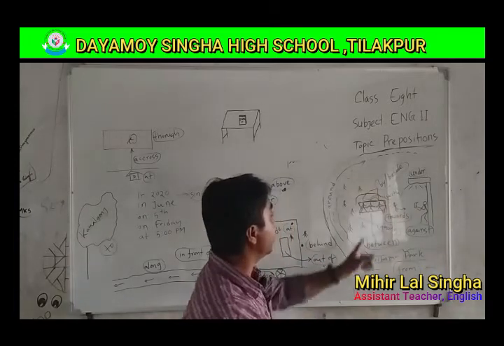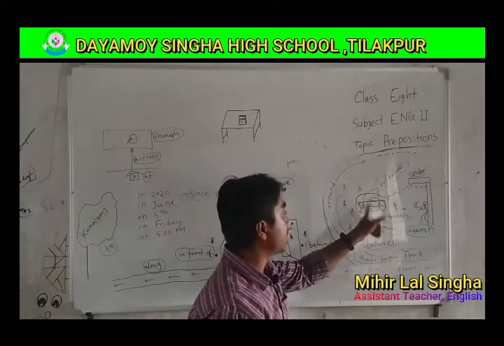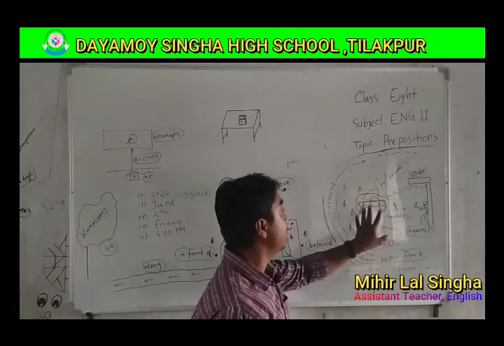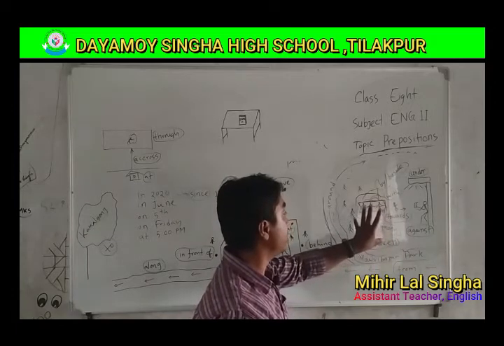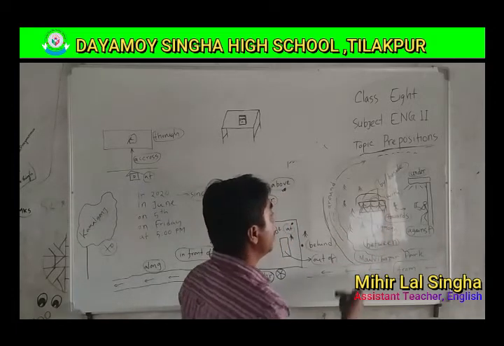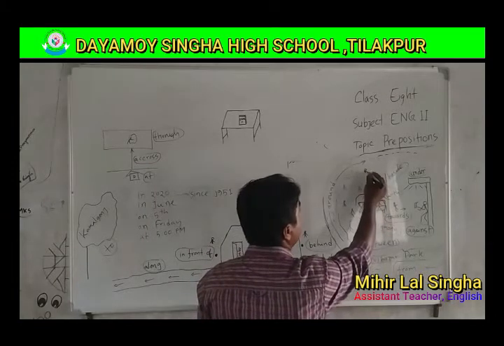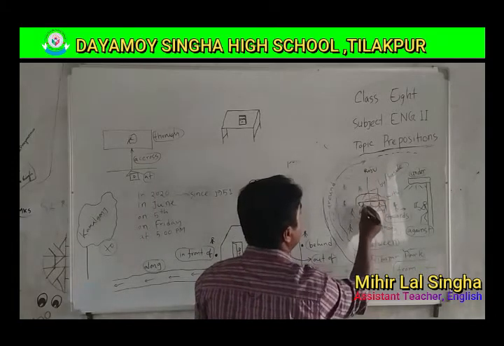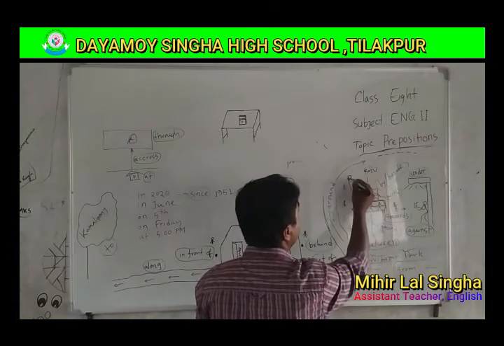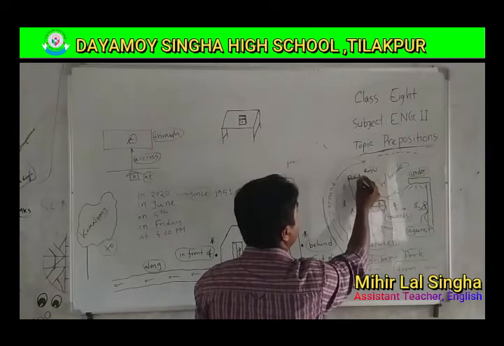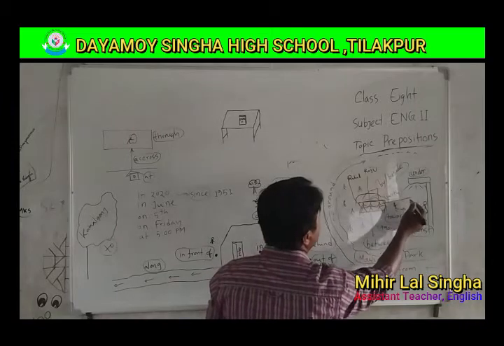So there is a branch at the Raju Memorial Point, where three friends are sitting. Say this one is Raju, this one is Rahul, and this one is Kamal.